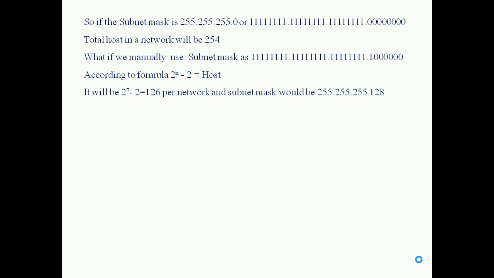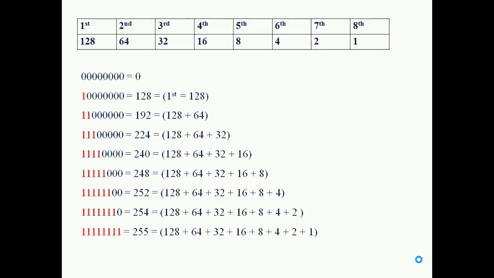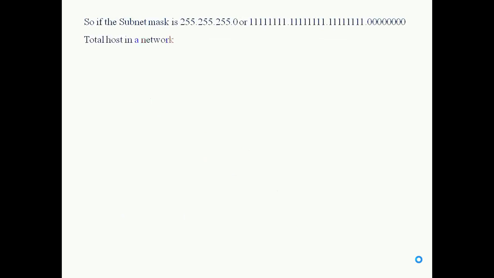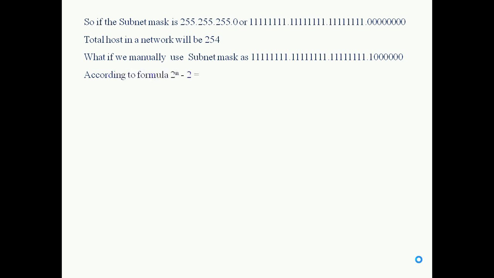How does that 128 come? That is from this equation. Look at the first 0 and second one: when the first bit of your octet is high, the decimal value is 128, and so on. It comes here. All the on bits means 255, and 1 on bit and all off bits is 128.